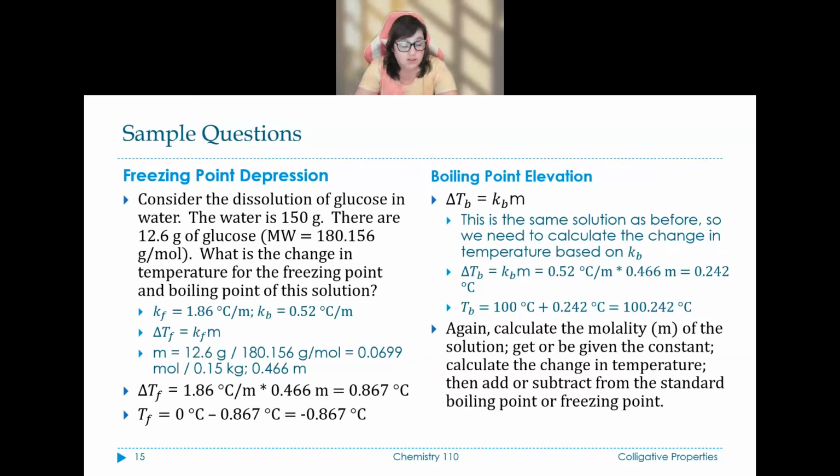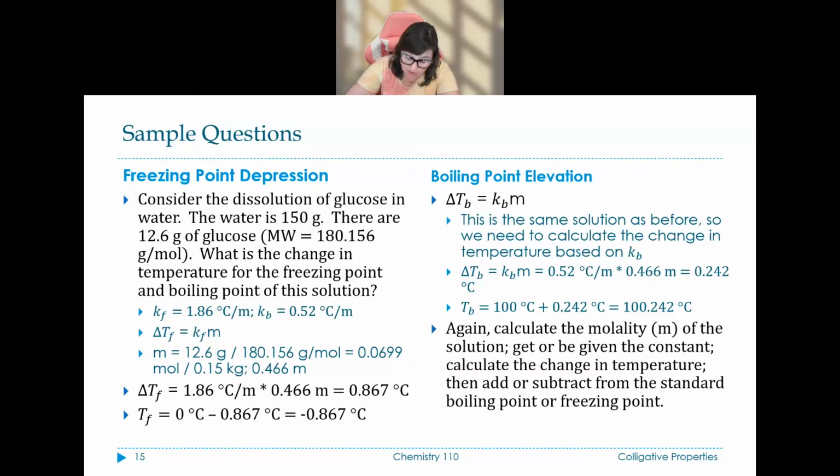Okay. So the first thing I need to look at is what is the molality of this particular solution? So molality, that little m, is defined as moles of my solute per kilograms of solvent. Okay. So I'm going to have to calculate moles of the solute, and I'm going to have kilograms of solvent.